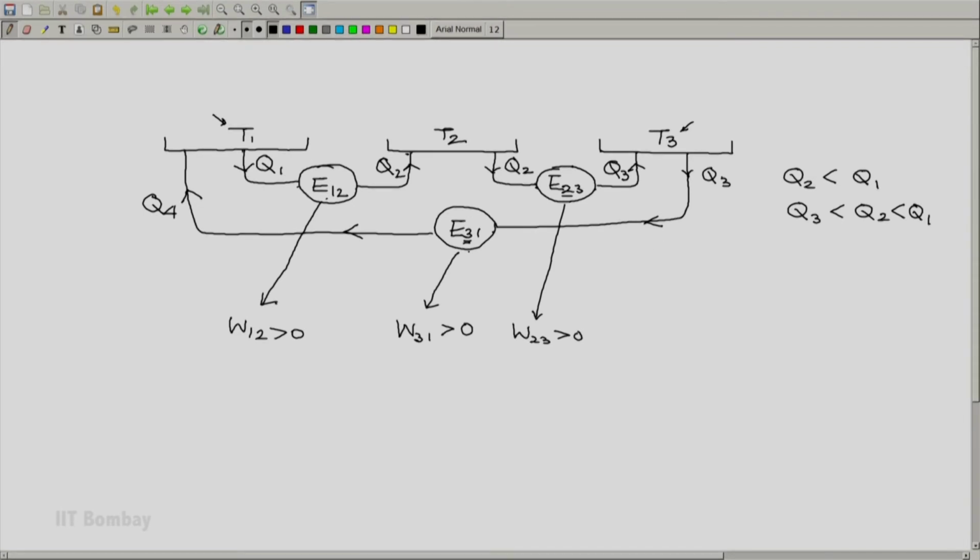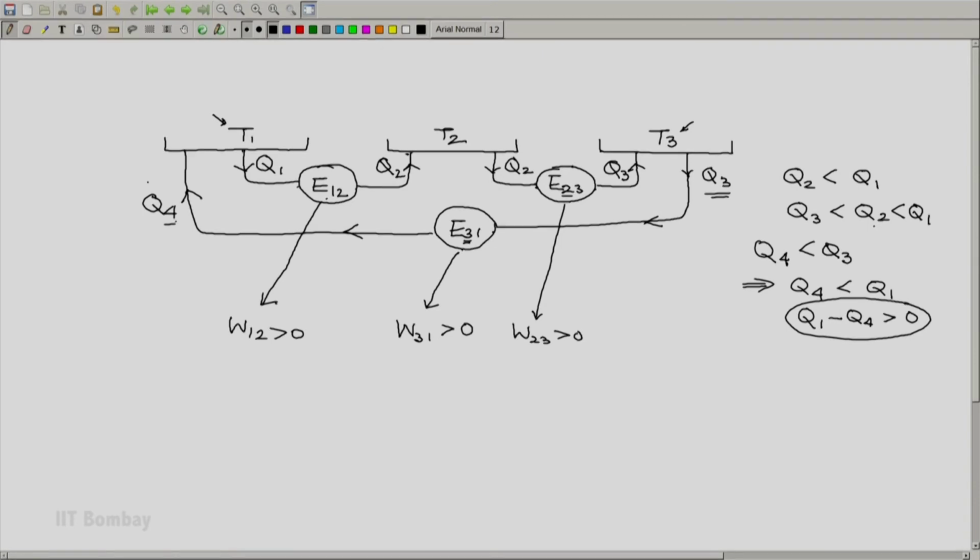Then E31 has an output W31 which is also positive, so you must have Q4 less than Q3. So we must have Q4 less than Q3, and since Q3 is less than Q2 less than Q1, finally we should have Q4 less than Q1, giving you Q1 minus Q4 to be a positive number.